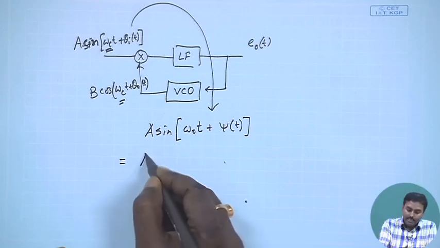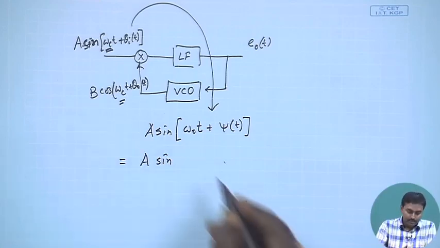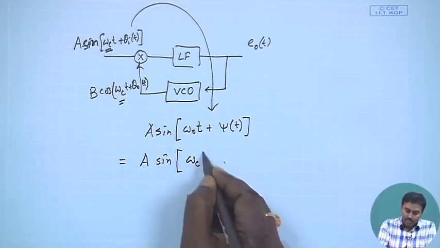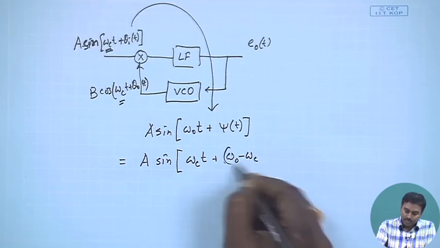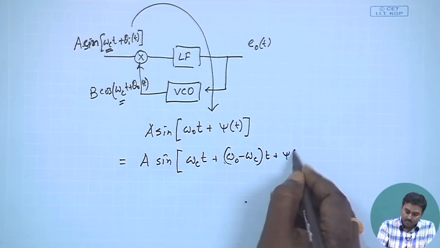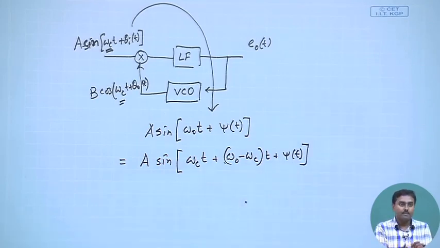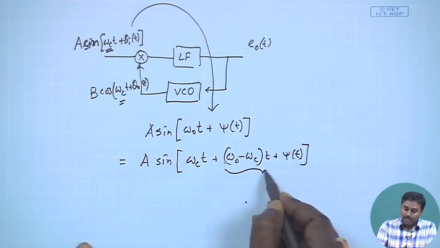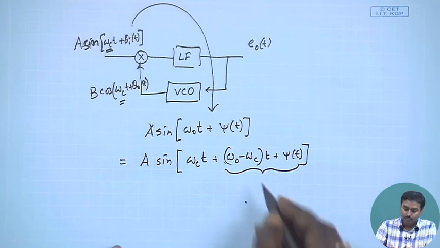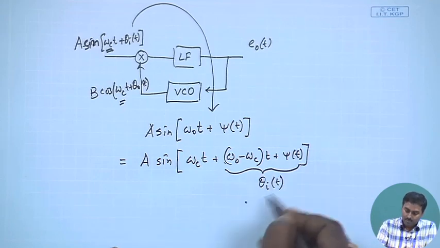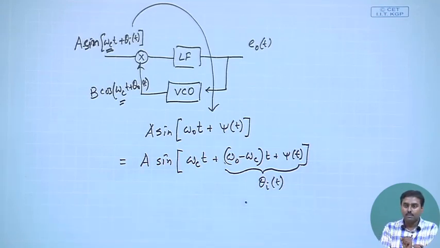Okay. So, if this is the case, I can rewrite this as omega c t plus (omega 0 minus omega c) t plus psi t, no problem in doing that, right. I can always do that, and I can take this part and define that as the input phase theta I t.